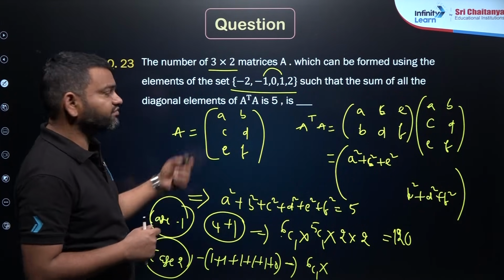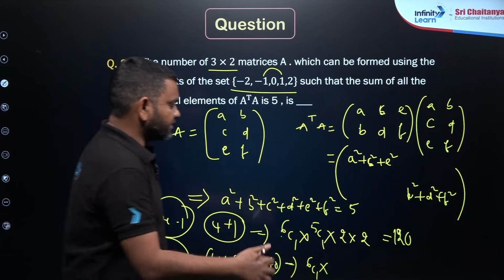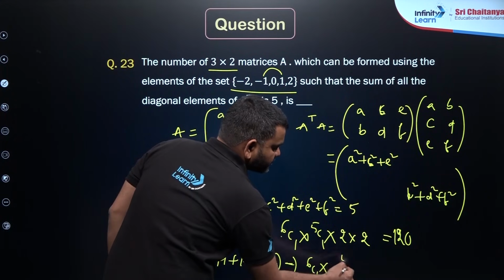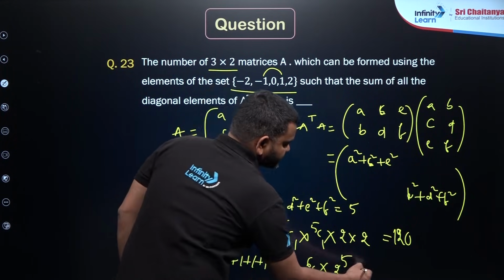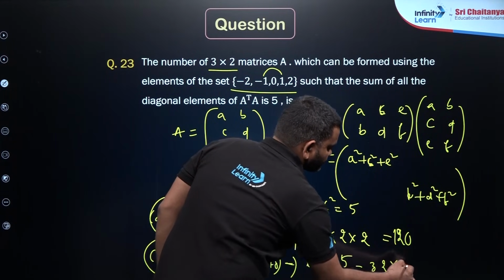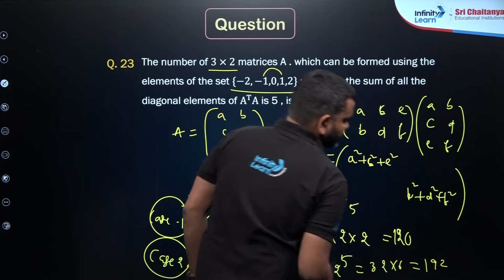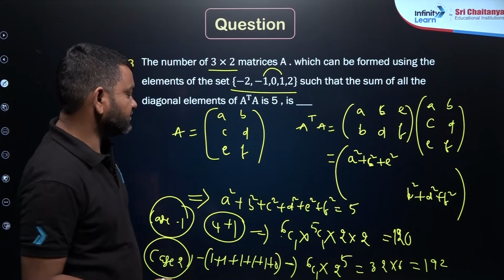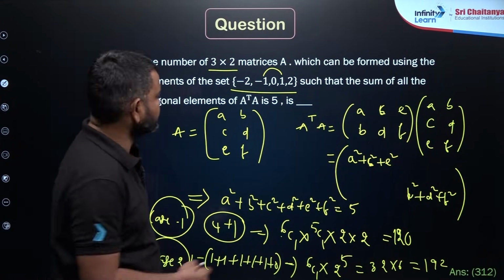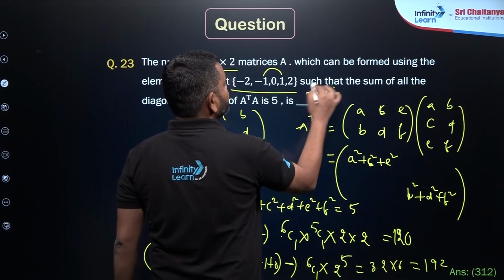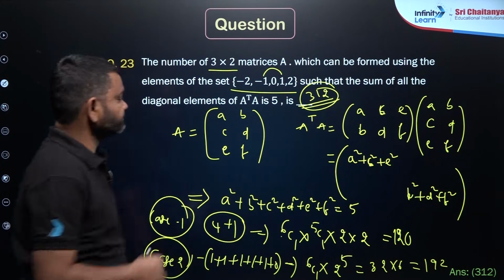Both of them are going to give you the same result as 1. So 5 places, 2 power 5, 32 into 6, 192. Add these two numbers, 312 I guess. Yes, 312 needs to be your answer in that.